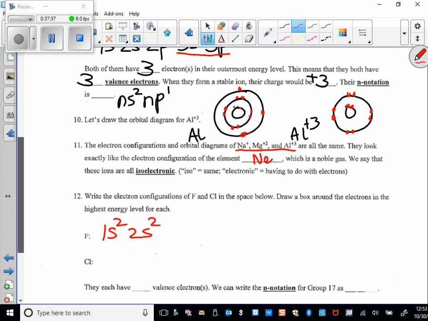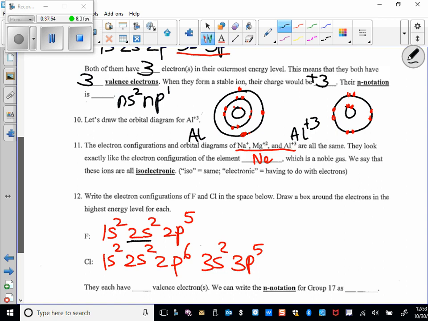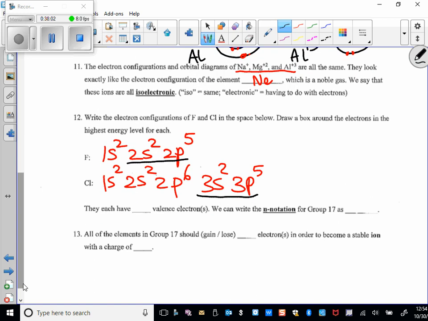1s2, 2s2, 2p5. Chlorine is 1s2, 2s2, 2p6, 3s2, 3p5. So what is the outermost energy level? 7. So they all have 7 valence electrons.